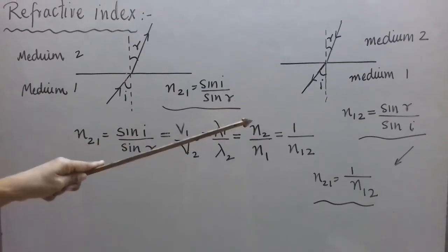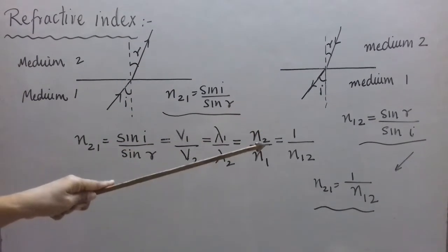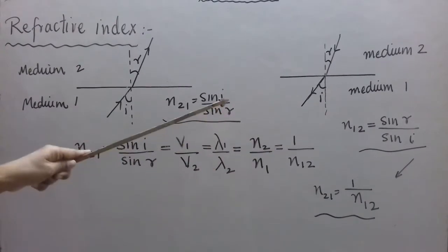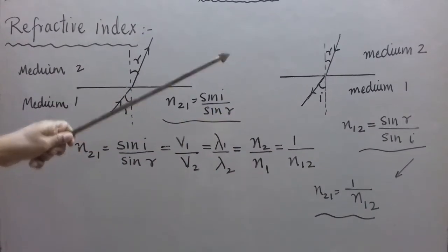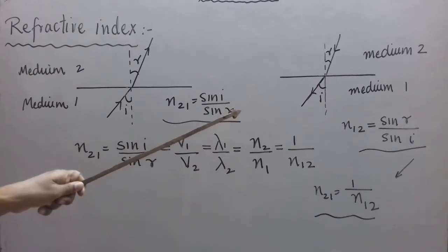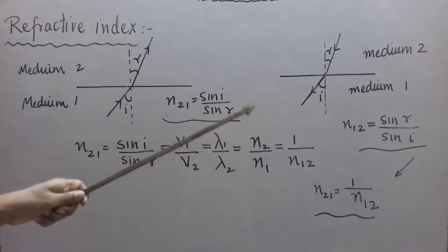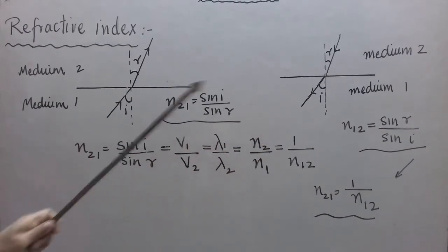So refractive index of medium 1 with respect to 2 is equal to sine of angle of incidence. In that diagram, r is angle of incidence and i is angle of refraction. So using Snell's law, I can write N12 is equal to sine r upon sine i.